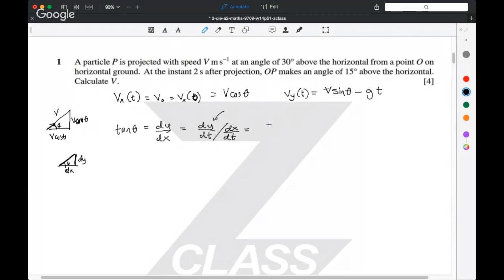This is dy/dt, which is just Vy of t over Vx of t. And this is equal to V sine theta minus gt all over V cosine theta.